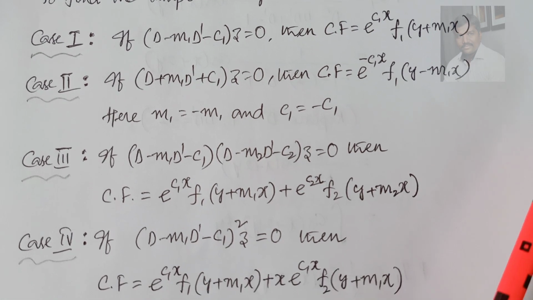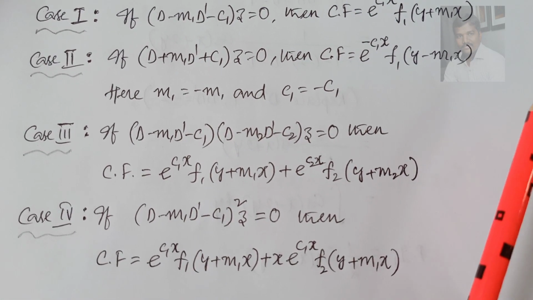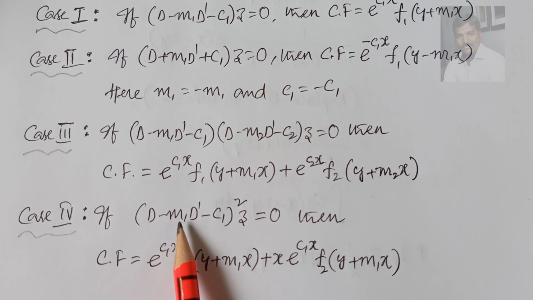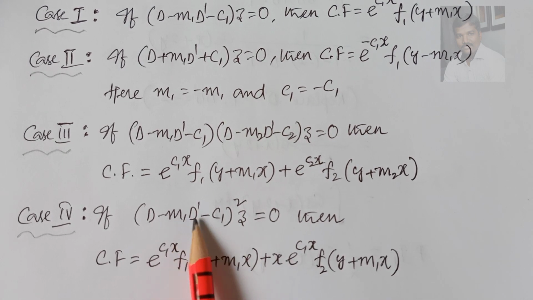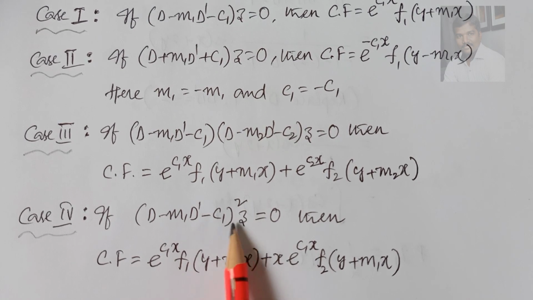Now let us discuss case 4: (D − m1D' − c1)². The roots are the same here; m1 and c1 are repeated twice as a product.